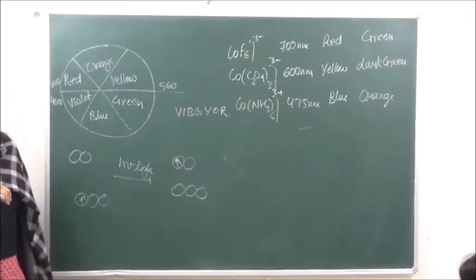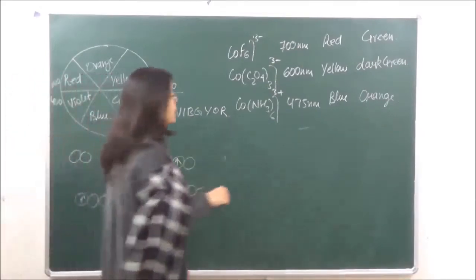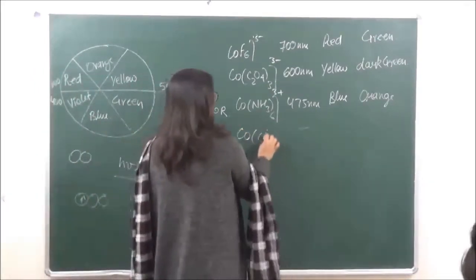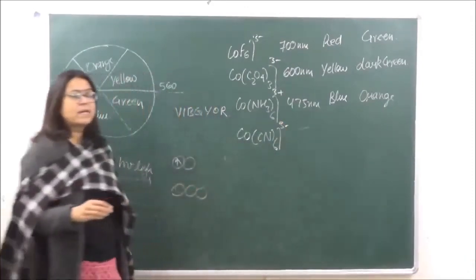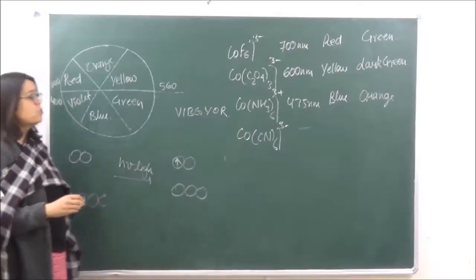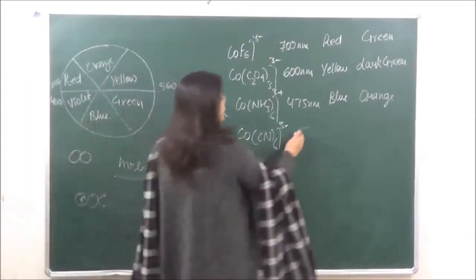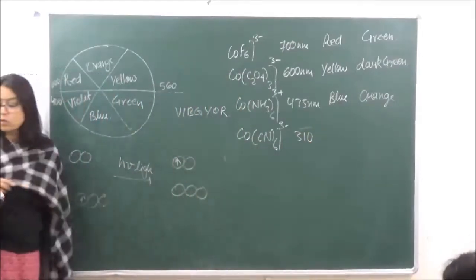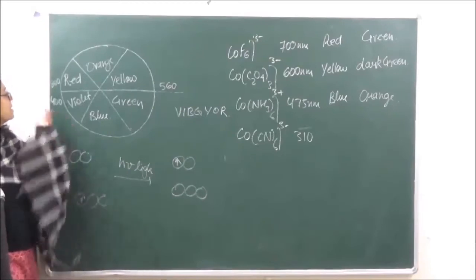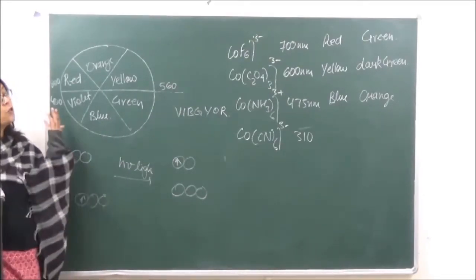So the stronger the ligands we keep taking, the lower the wavelength becomes. For example, if we take cyano, cyano is going to be one of the strongest. [Co(CN)6]3-. Cyano is one of the strongest, so it is going to absorb radiation of very less wavelength, approximately of the order of 310 nanometers only. So 310 nanometers is even lesser than 400, so it will go to the UV radiation.